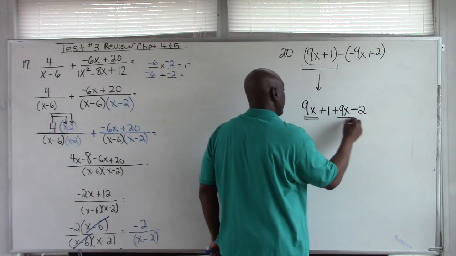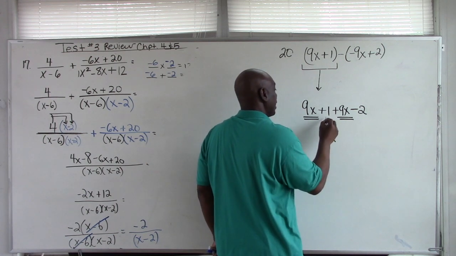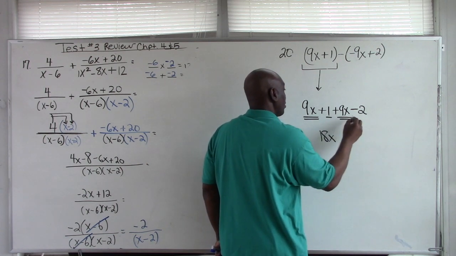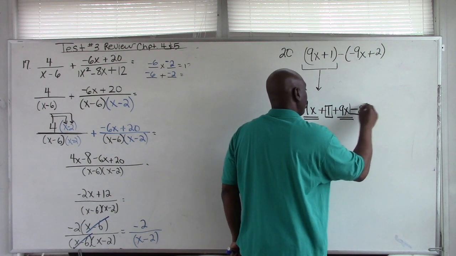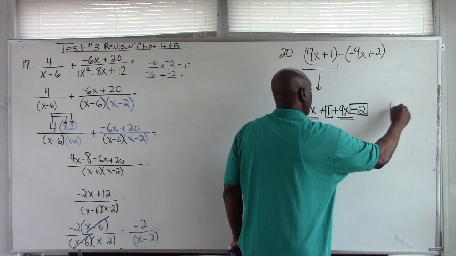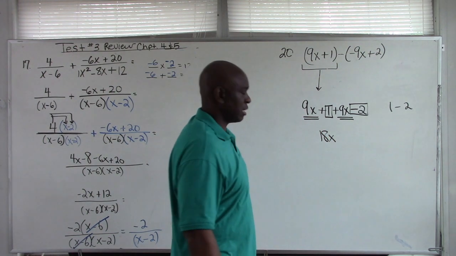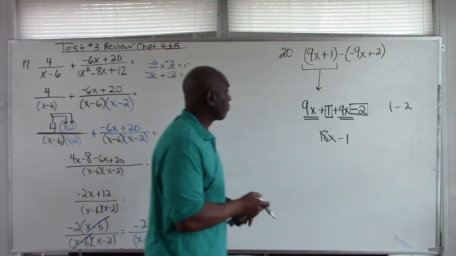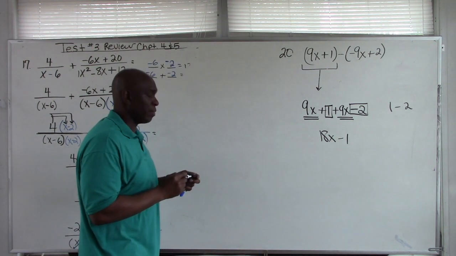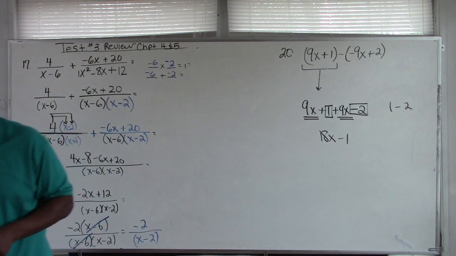Positive 9x is a positive 18x. And 1 minus 2, be careful with that. Don't tell me 1 minus 2 is 1. It's not. It's negative 1. There's the answer. That's number 20. Okay, now let's get back to number 19.